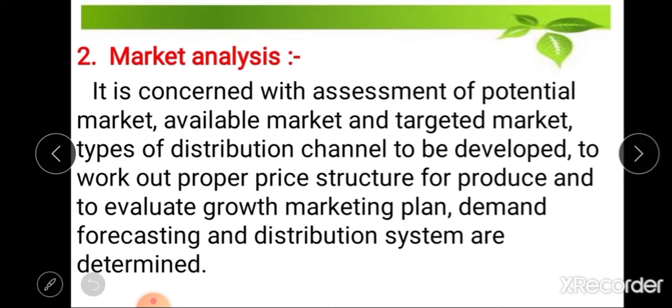After identification of project ideas, it is necessary to study the market, or do a market analysis, in which the different channels for our product are to be developed, then the price structure, and demand forecasting of that particular product are also studied.